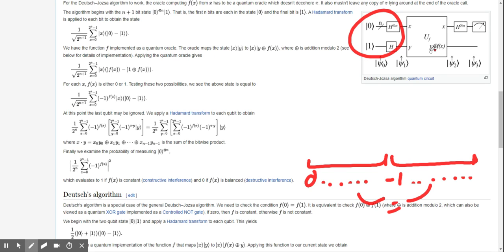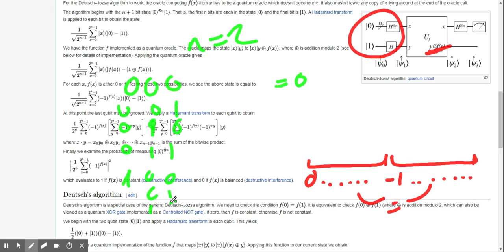By implementing the box this way, if the function is constant, let's imagine it always outputs 0, then you're here. For the case of n equals 2, you've got 0 0, 0 1, 1 0, 1 1, and then the second part, which is the same.